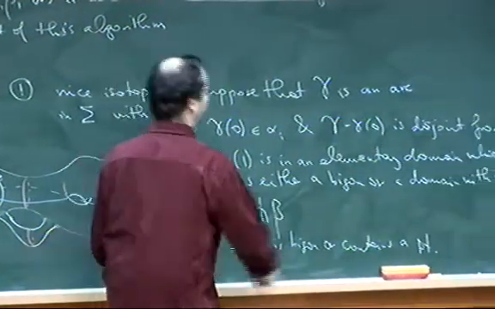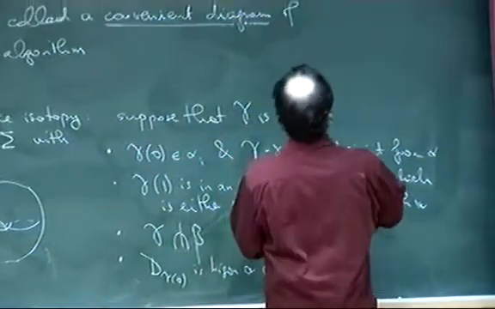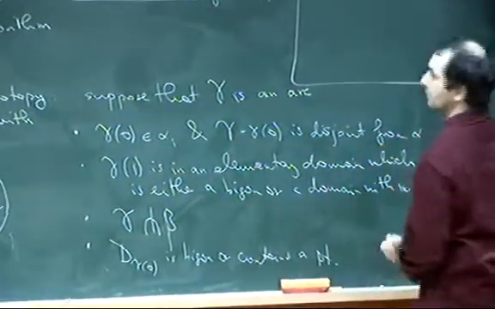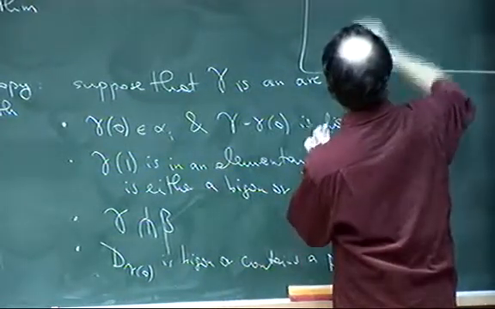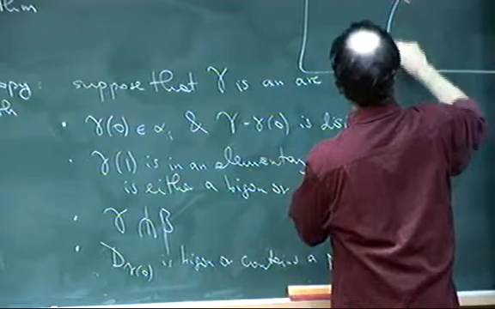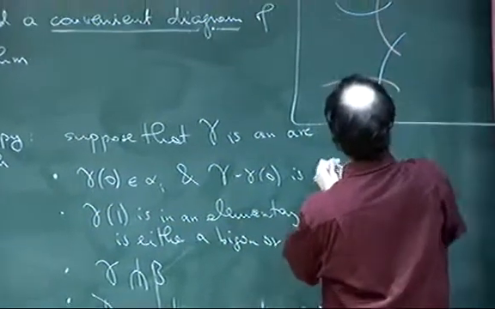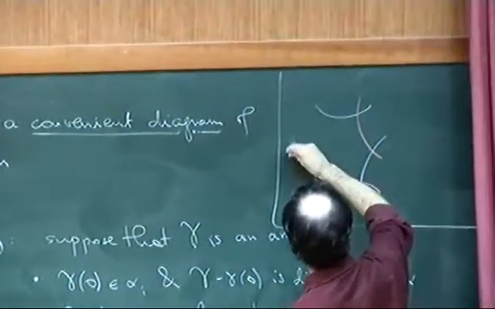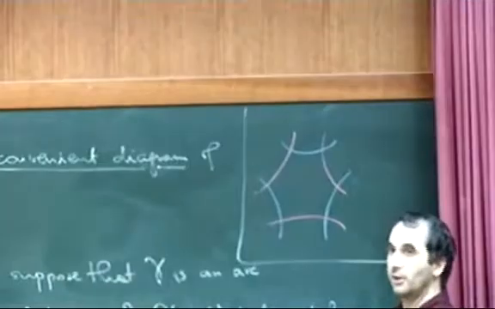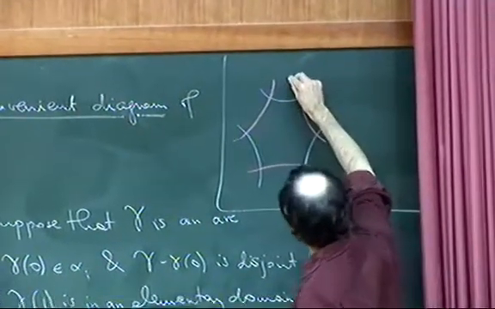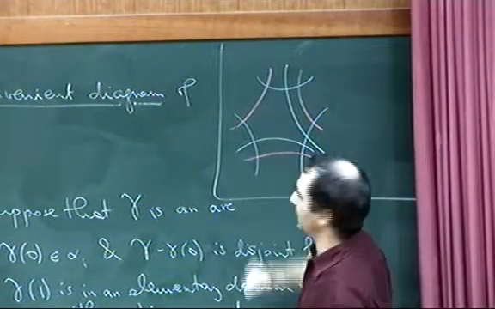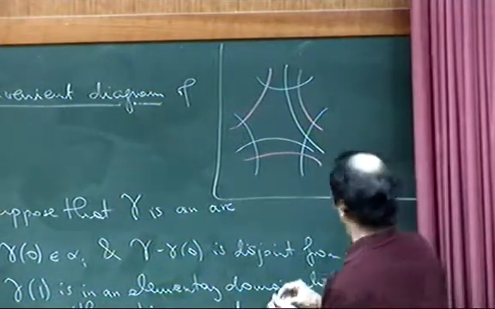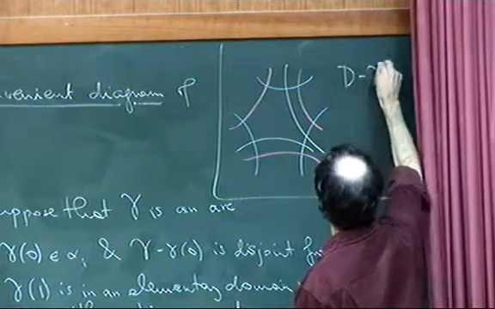And the final property is here, and I will draw again. Suppose we have a domain something like that, and then gamma comes in, goes out, and does like this and like that. We just take for every domain D minus gamma.